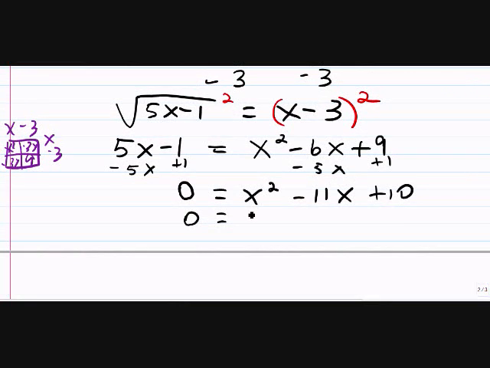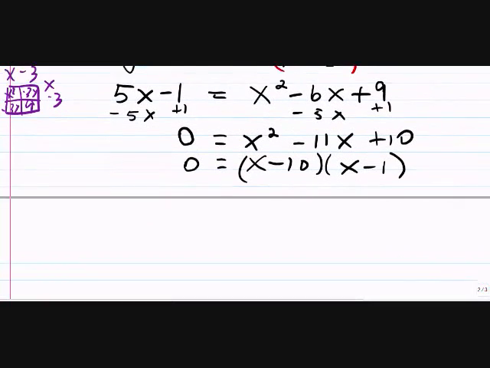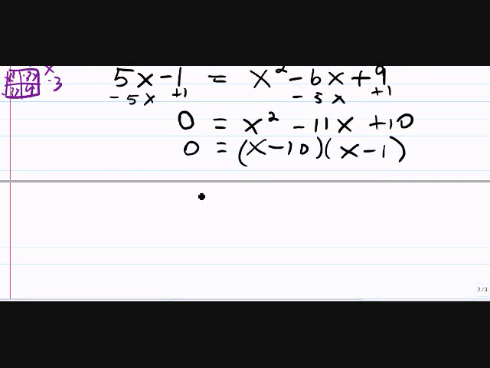Nice. X minus 10 times x minus 1. Now when you get two answers, you got to see if both of them will work back in the original equation. So first I'm going to check. Okay, so this gives me x is equal to 10 and x is equal to 1.